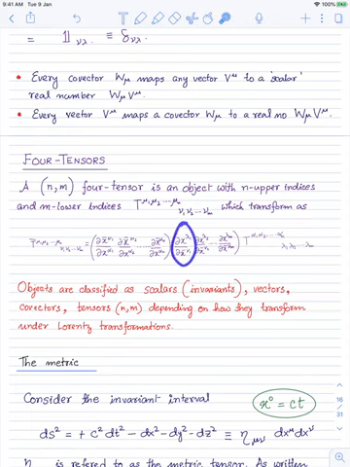This is how the infinitesimals transform, and this is how the derivatives transform. So the lower indices transform like the derivatives, and the upper indices transform like the infinitesimals. With that, you can define objects which are called tensors, (n, m) tensors.